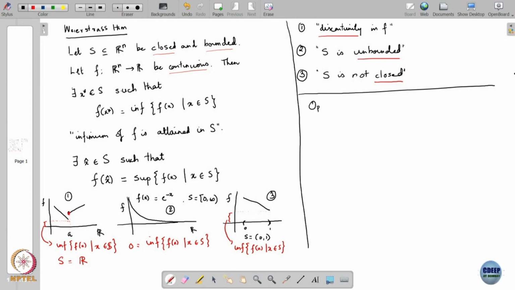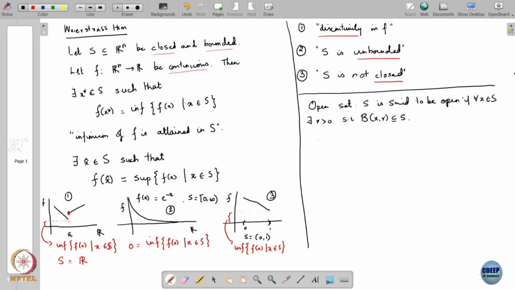An open set S is said to be open if for all x in S there exists a radius r greater than 0 such that B of x comma r lies completely in S.